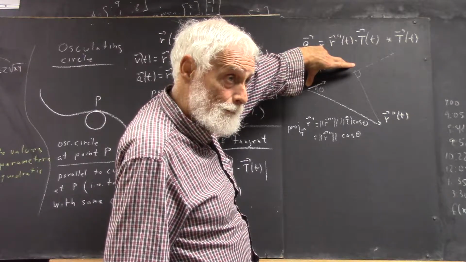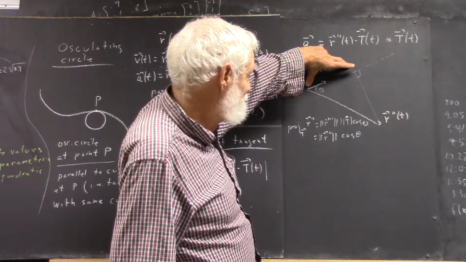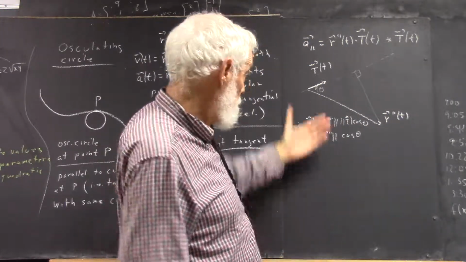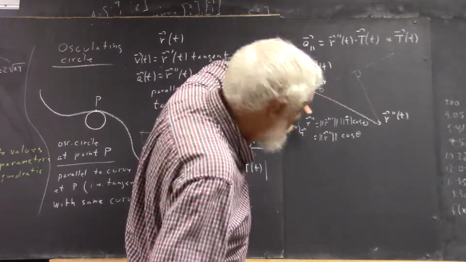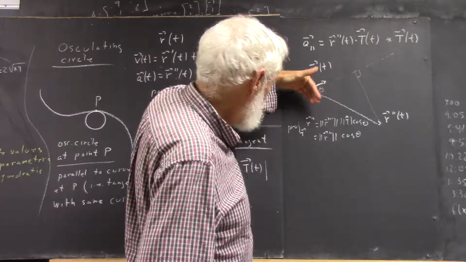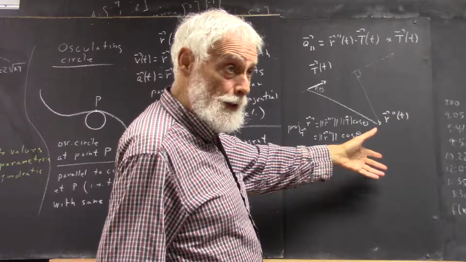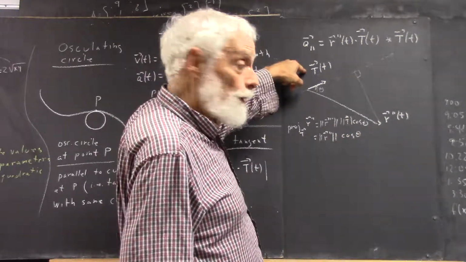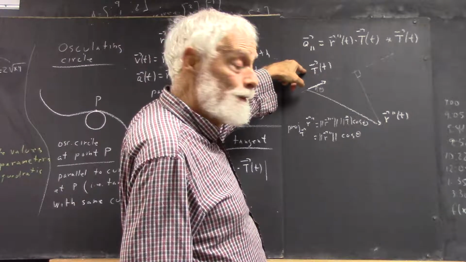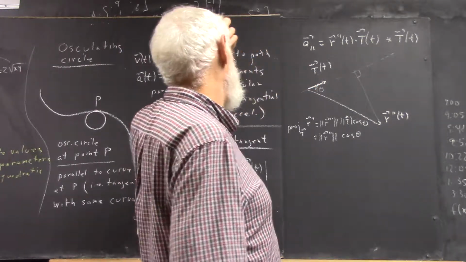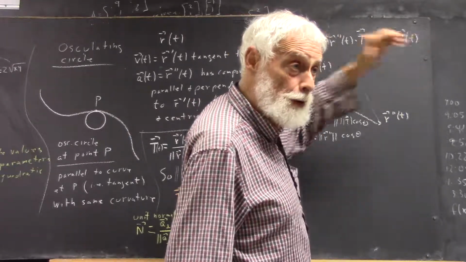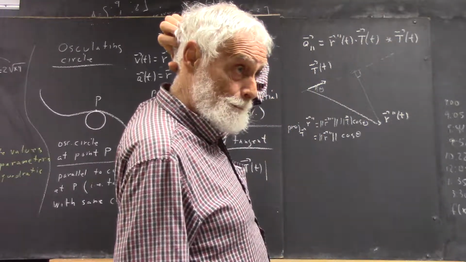Okay? Well, it's either the length of this side or the negative of the length of this side, depending whether theta is less than 90 or greater than 90. If theta is greater than 90, then it's going to be negative that. Clearly, in either case, when you multiply this by this, you get the component of your r double prime in your direction of motion. Okay?